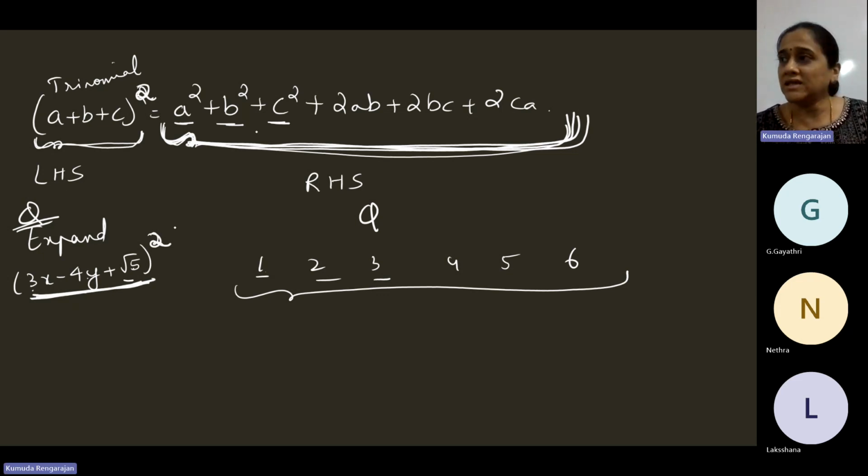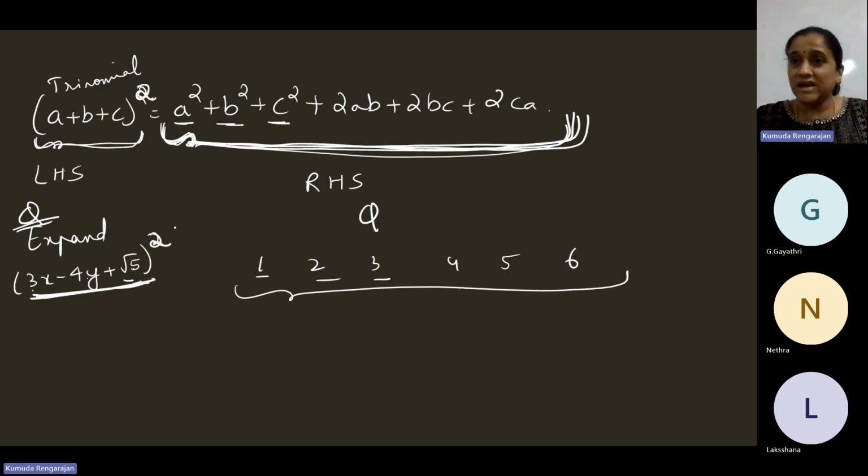So an algebraic identity is used to answer questions with the heading expand or factorize. Expand and factorize are opposite questions. Expand means you'll have to open up and bring out all the terms.